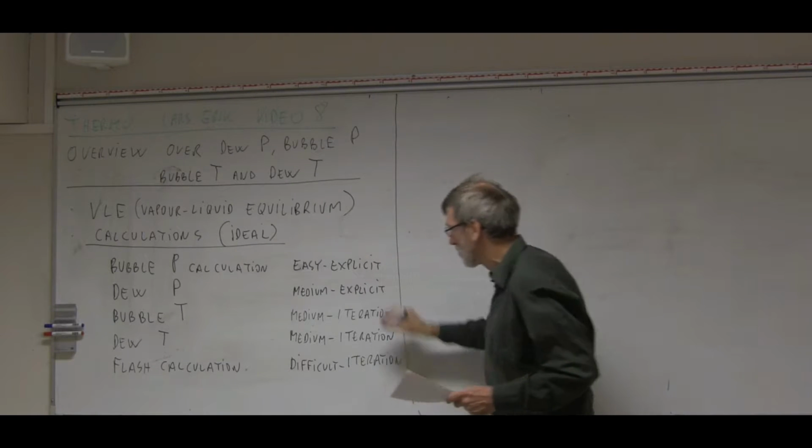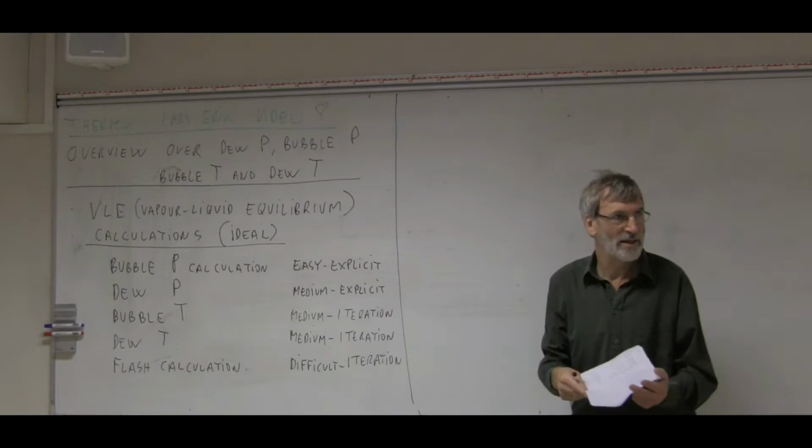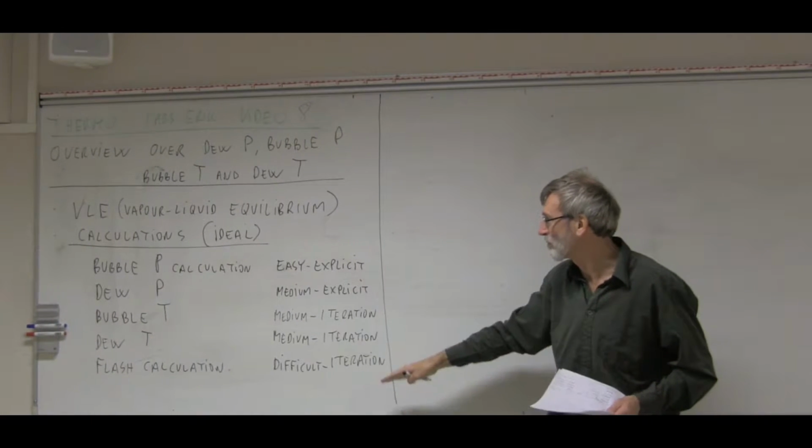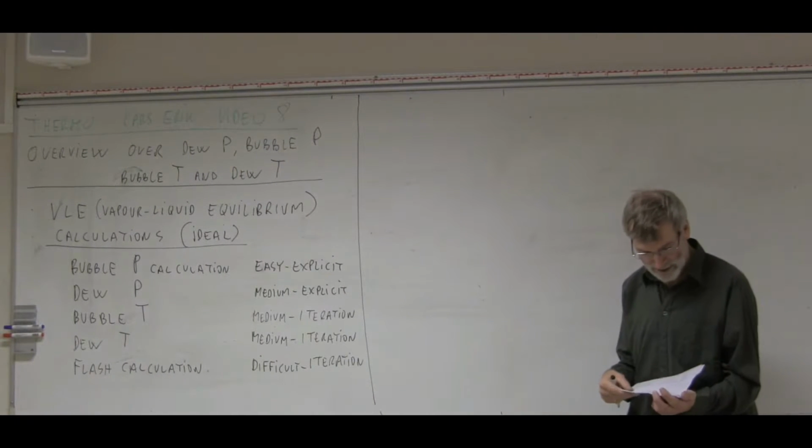So these 5 types of calculation have increasing difficulty from a BubbleP calculation to a flash calculation.